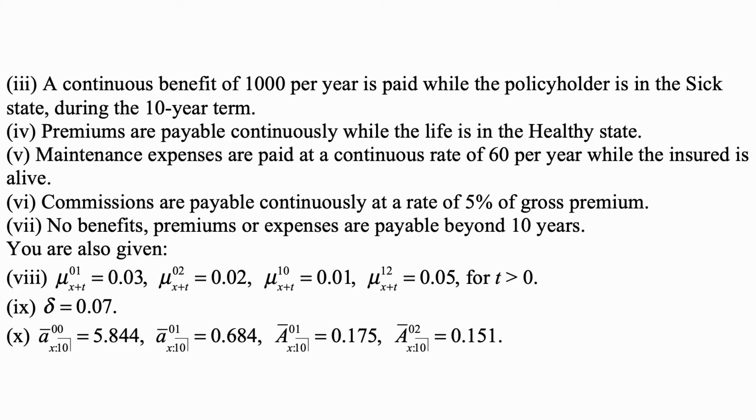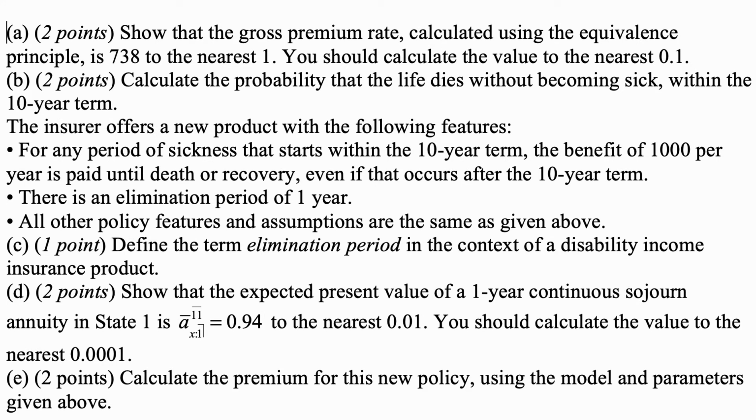Life insurance payable upon transition from state 0 to state 1 has actuarial present value 0.175. It's a temporary 10-year insurance, and the same for transition from state 0 to state 2 is 0.151. And here are the questions.